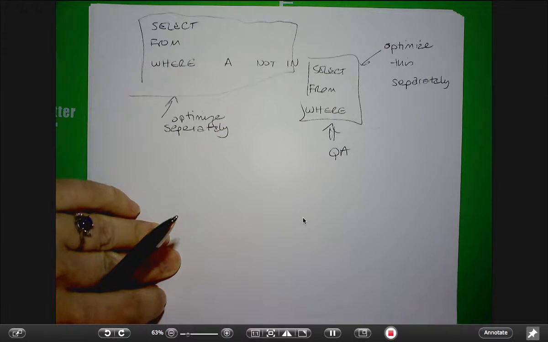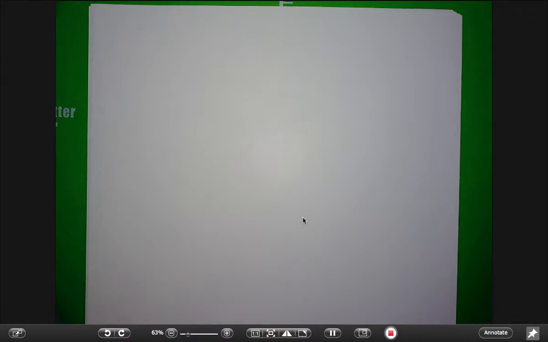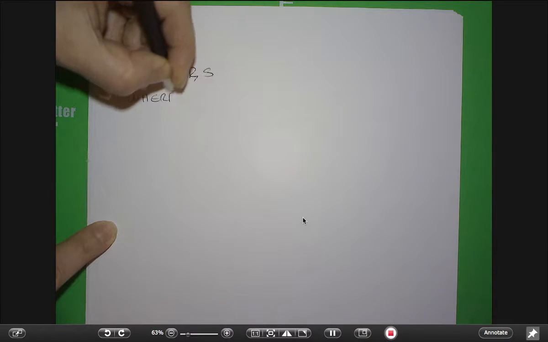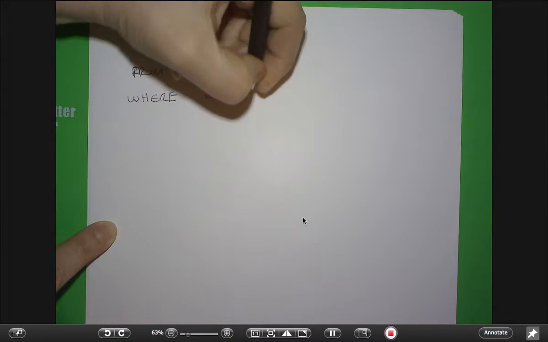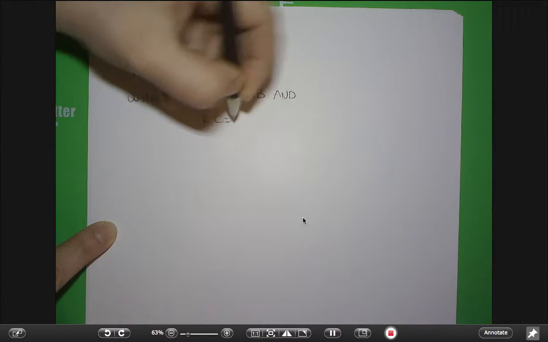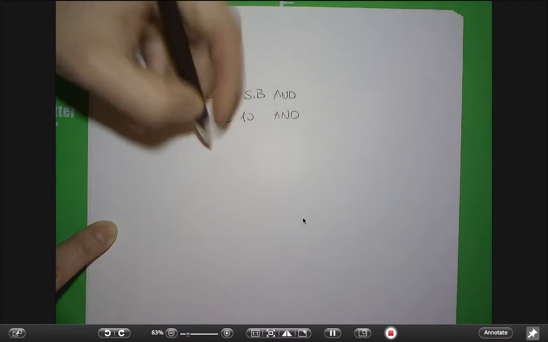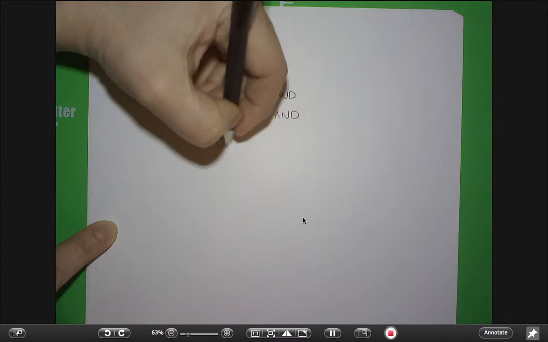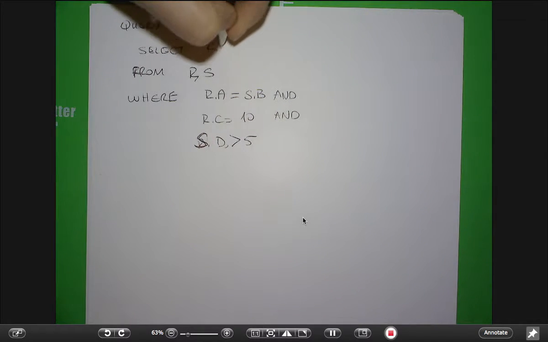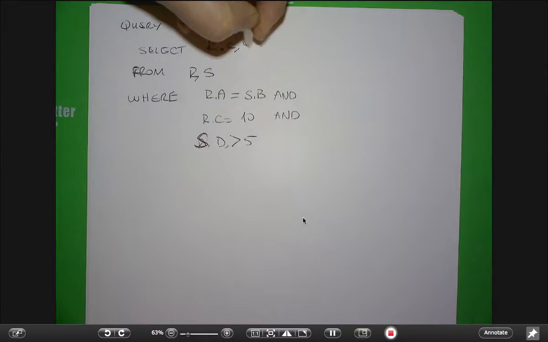You basically take a query, something like, for example, select from R and S, where R.A is equal to S.B, and R.C is equal to 10, and let's say S.D is greater than 5, and then I want to return R.C and S.E.